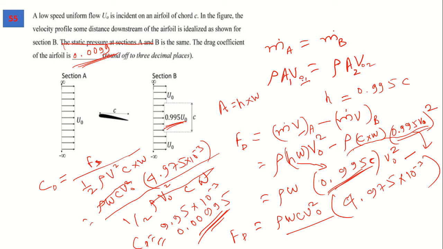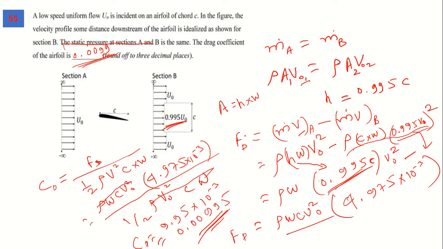This one is V naught, then this one is V naught 1, then this one is V naught 2. And here you can see this one is 0.995 U naught. Here it is given H is equal to 0.995 C, C is the chord.